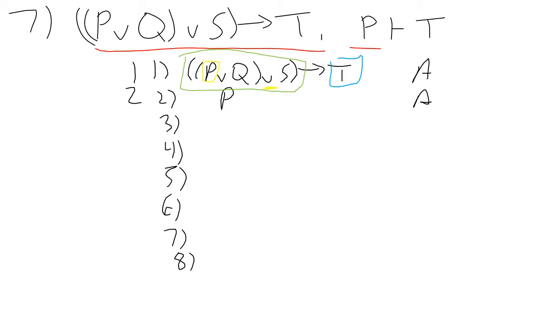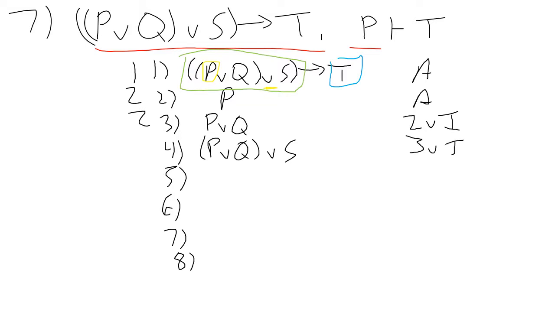So since we have the P, we can wedge in the Q in line 3 using our wedge in rule. And now that's one of our terms. That is this term right here. So since we have P or Q, we can wedge in the S using 3 wedge in.